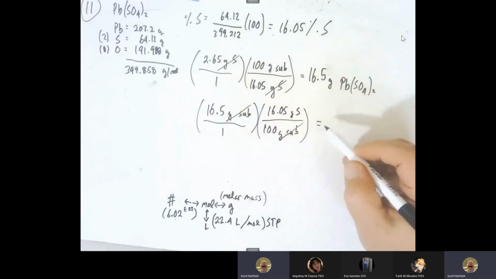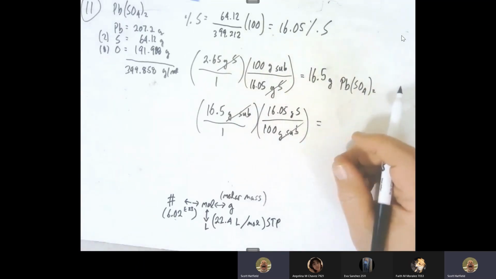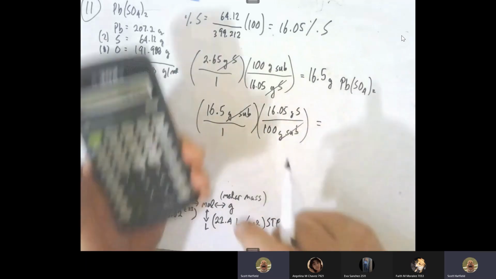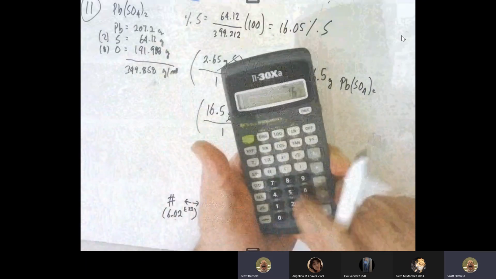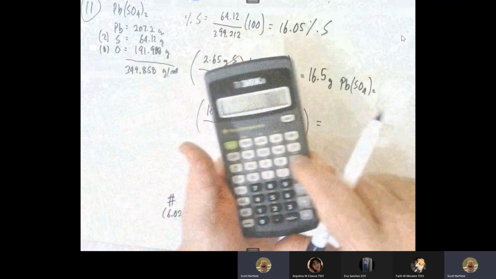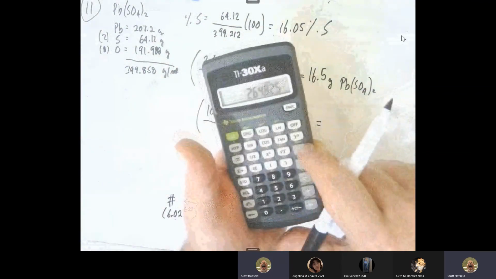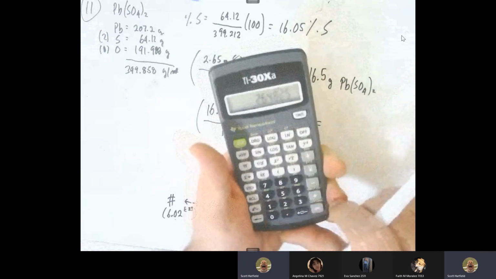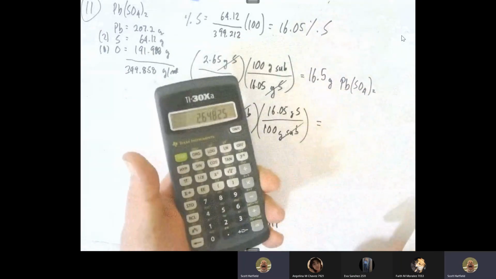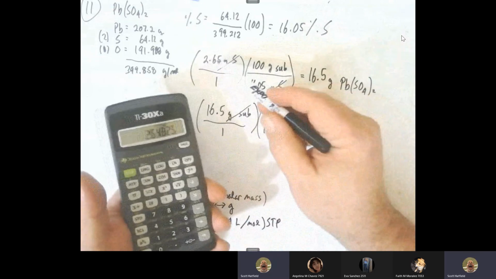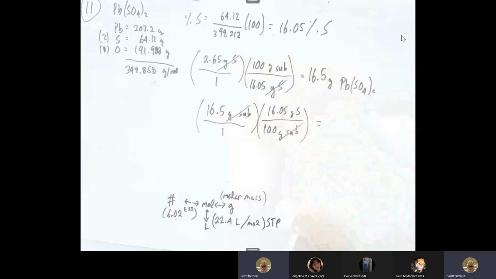Grams of the substance would cancel out. Now let's do the math. And what does the math say? 16.5 times 16.05, and the whole thing divided by 100 is 2.648, which is pretty much the same as 2.65. And so you know you did it right.